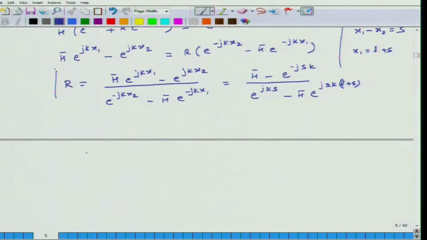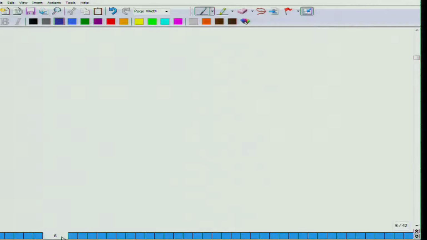Okay. So my final form is reflection coefficient equals H bar minus e to the power of minus jks divided by e to the power of jks minus H bar e to the power of j times 2k(L plus S).